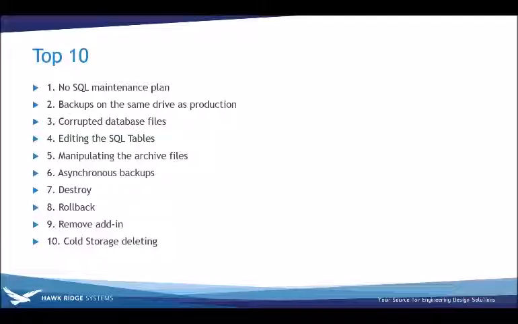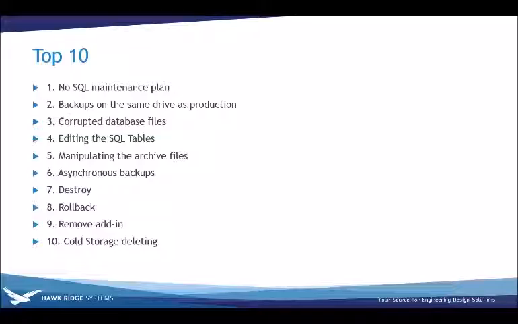Don't edit the SQL tables. Don't manipulate the archive files themselves. Make sure that the backups are on the same schedule so they're getting taken at the same time. They represent the same point in time. They're not on different schedules.